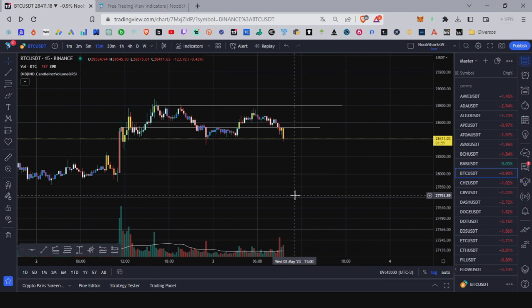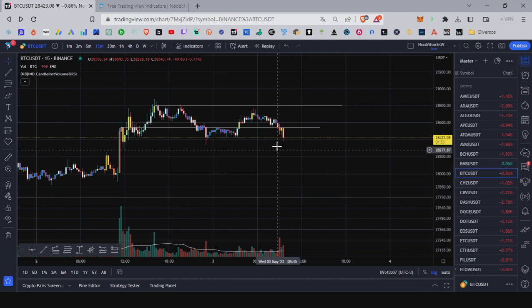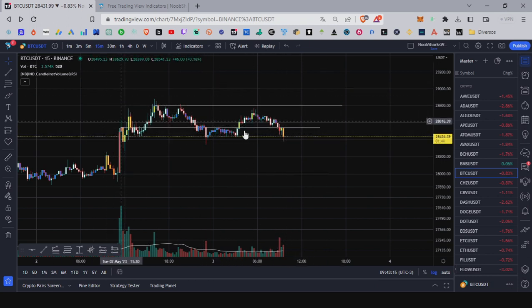And just follow the whales, forget the small fish, okay? At the moment, it seems by this red candle here and by this yellow candle that the whales have already distributed the asset and want to push the price lower, to keep it lower and lower. So we have to see when the price reaches the area here, or even accumulates again and moves up.